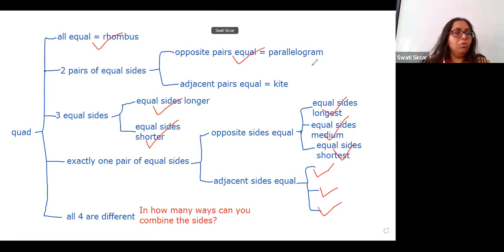Look into it, but right now what we can see is that it's not possible to get this with a kite. Now you also need to explore, when all four sides are different, is it possible to make them parallel? In this case, it looks like it is possible.